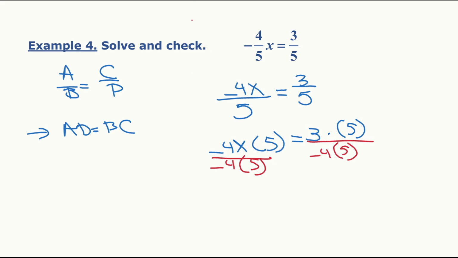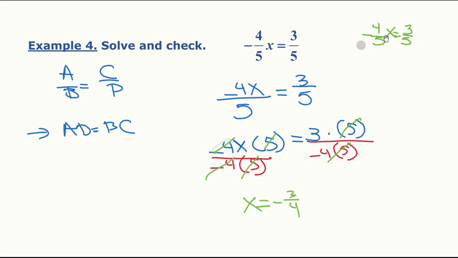Now we notice that we can do some cancellation. Here the entire -4 cancels out, x is still there. On the other side, 5 cancels out, so it does here as well. So we end up with x equals -3/4.